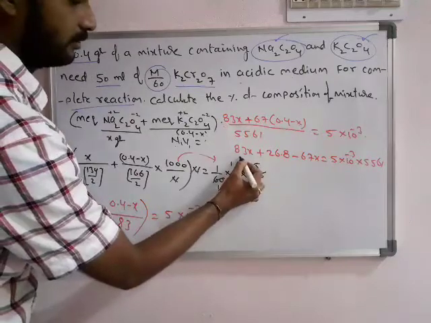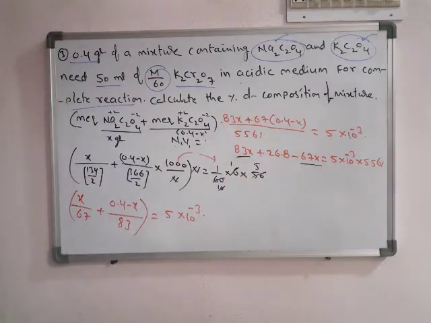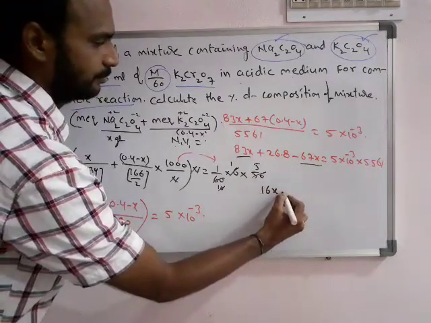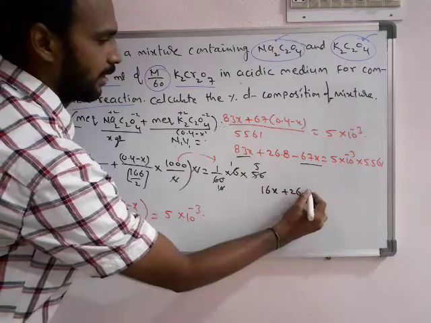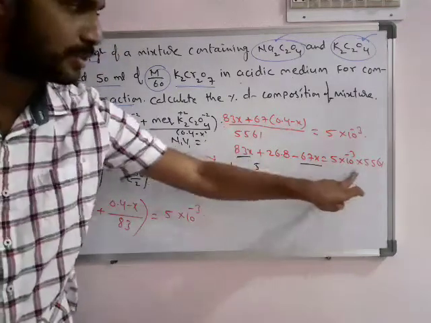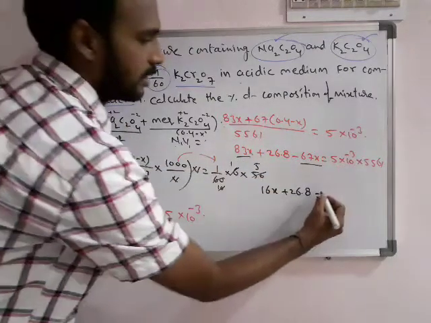Okay, and here the 83x, okay, 67x. Here we will get 16x plus 26.8. Here 5561 into 5 is approximately 27,805.